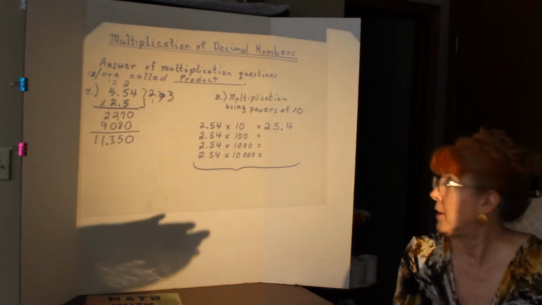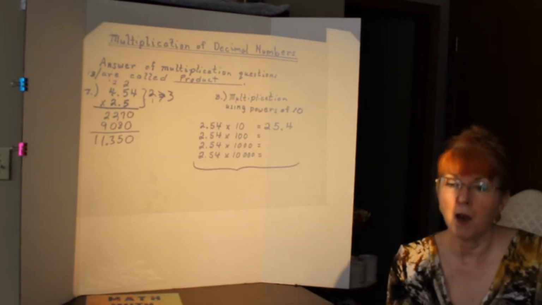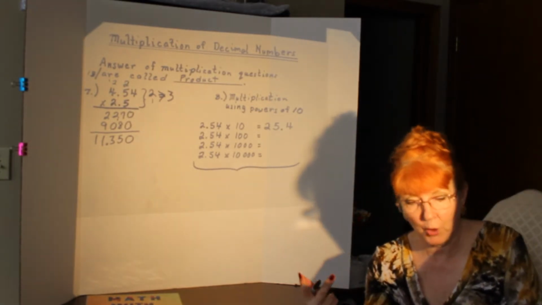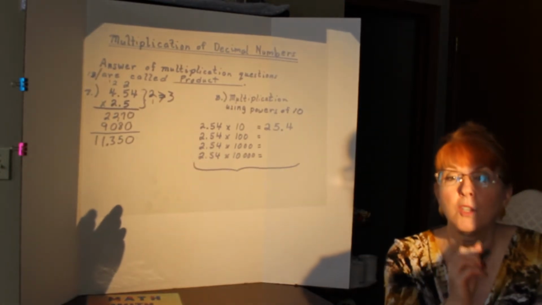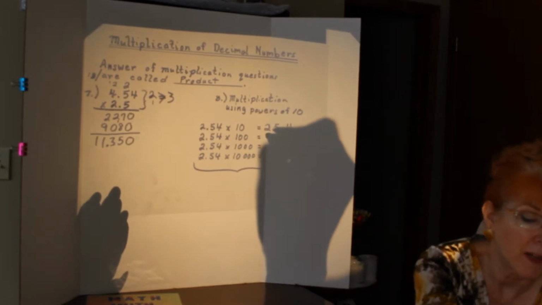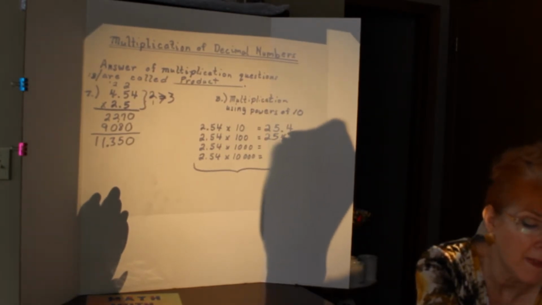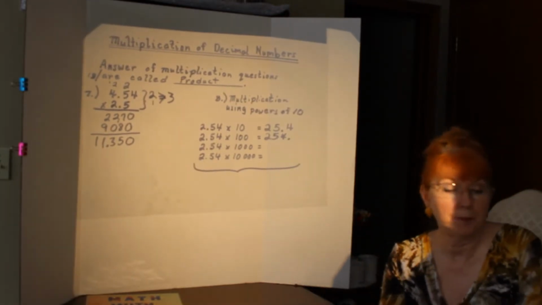Next, underneath it, I've got 2.54 times 100. How many zeros in 100? 2. So that means I'm now going to move the decimal 2 places to the right. So now I'm going to end up with 254, and the decimal will be at the end, or not written at all.